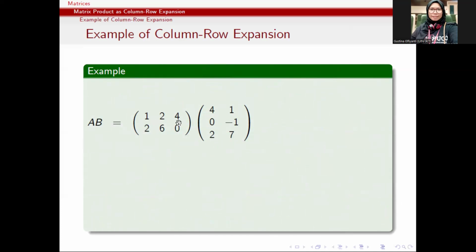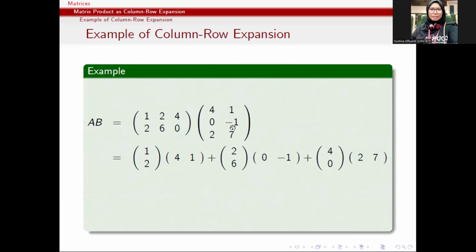For example, let's say we have A and B like this. We can write the product as we multiply the first column of A with the first row of B, plus the second column of A with the second row of B, plus the third column of A with the third row of B. So we get this one.